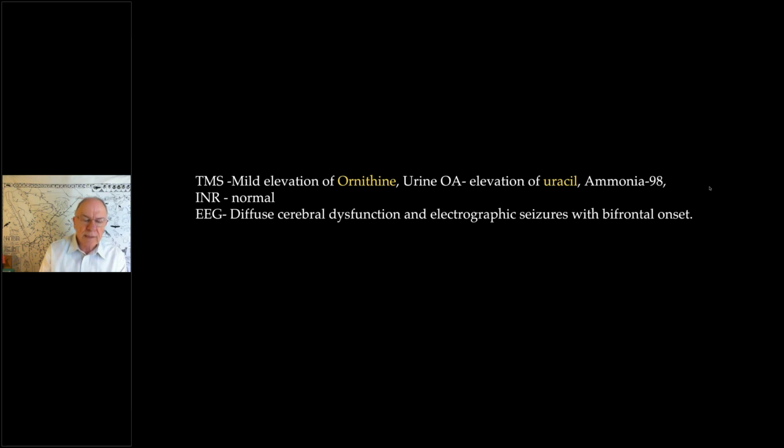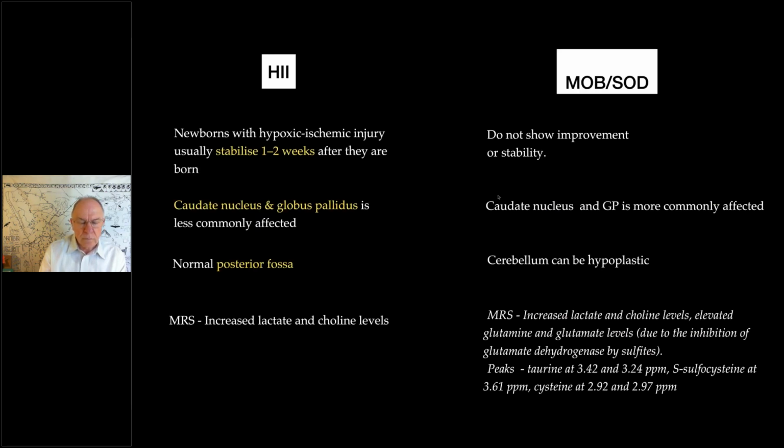Okay. So our question is whether these changes are due to genetic causes, or due to a perinatal or antenatal insult. Yeah. So at least on the imaging findings, some pointers you can use to differentiate between HIE and HI mimics: the newborns in hypoxic ischemic injury usually stabilize within 1 to 2 weeks, whereas genetic disorders such as molybdenum cofactor and sulfite oxidase deficiency usually do not show any improvement or stability.